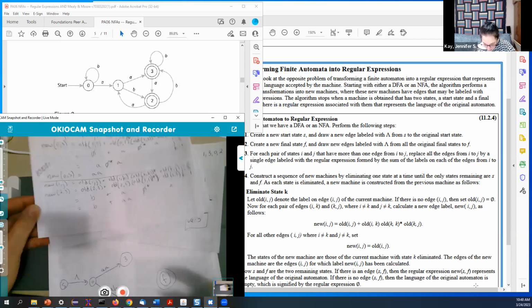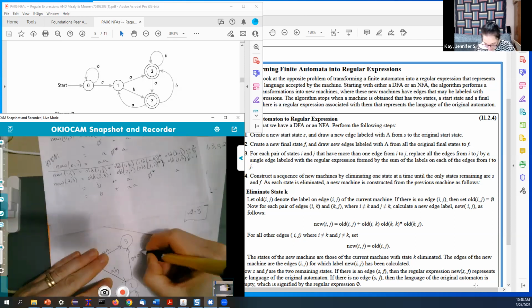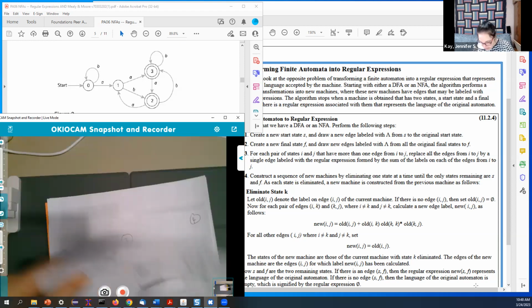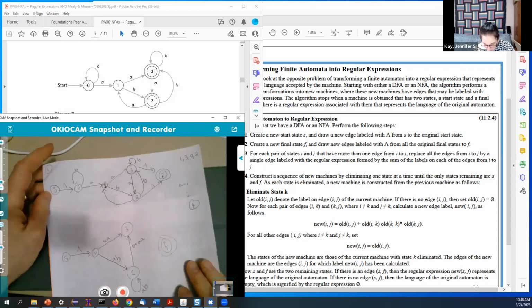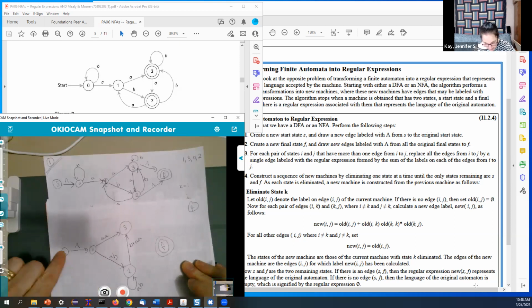Then we find our original picture, and anything that doesn't have a new arc, we just do the old ones. We never had a loop on S, so we leave that alone.